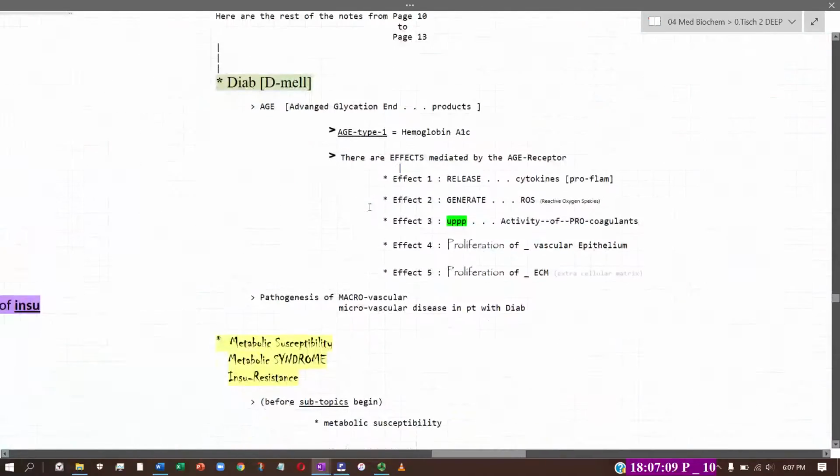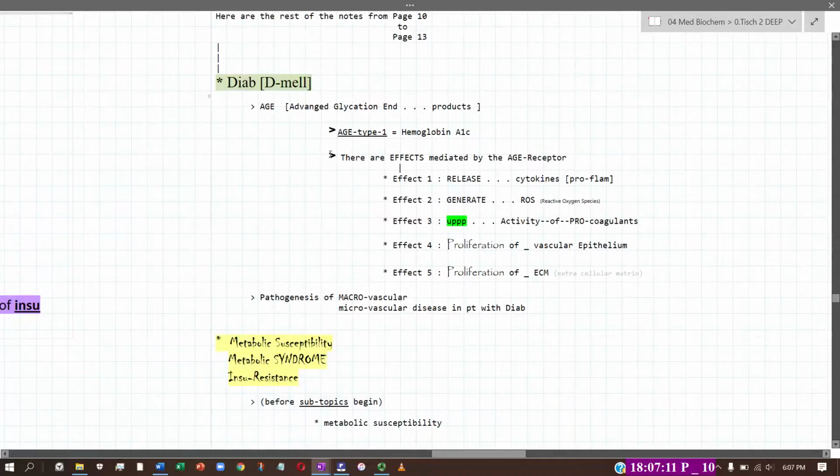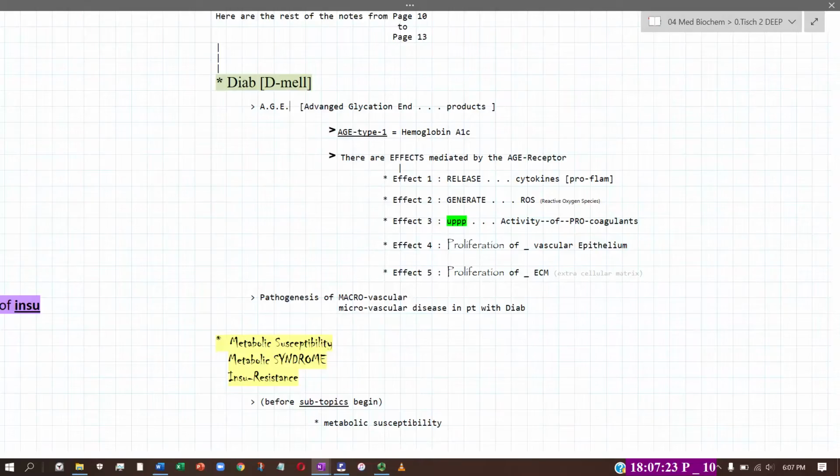So under diabetes mellitus, you have this acronym, these initials AGE. It doesn't mean age in years. It stands for Advanced Glycation End Products. So the first type of AGE that was addressed, and there may be more, but in the notes there was only one addressed, and that's hemoglobin A1C.